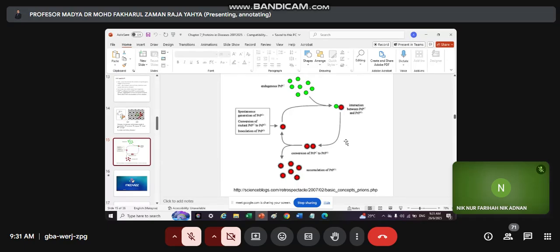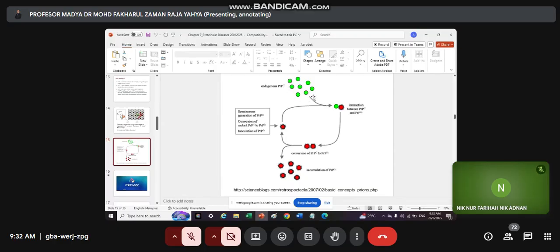PrP, prion protein, becomes infectious. At the beginning, PrPC or normal prion protein is functional, then is used by the brain organ.